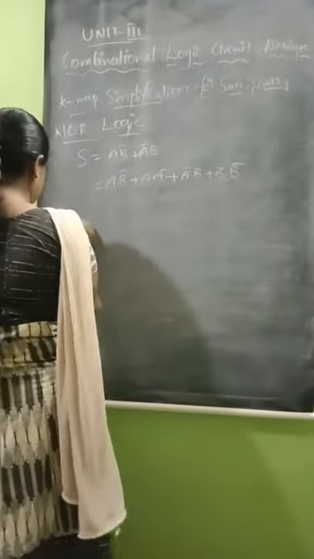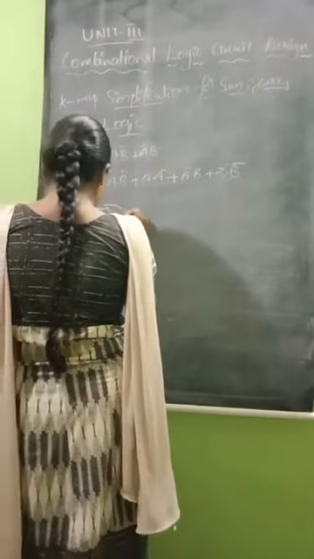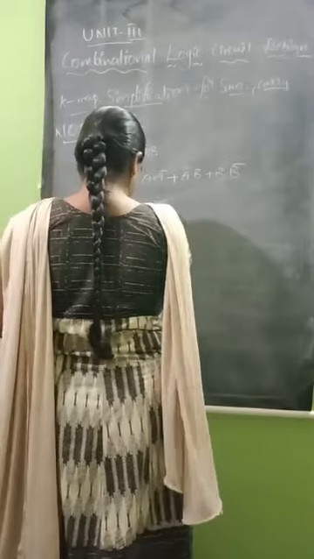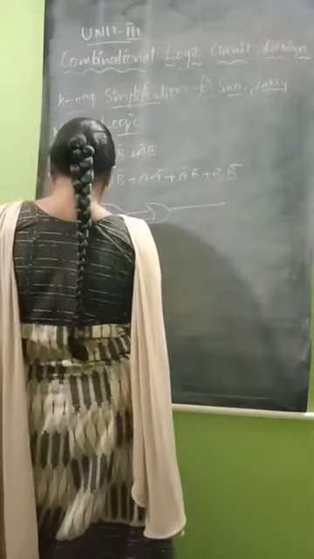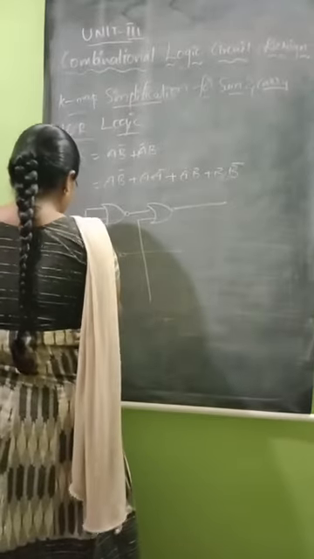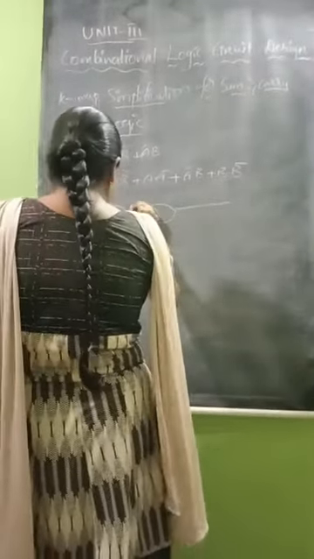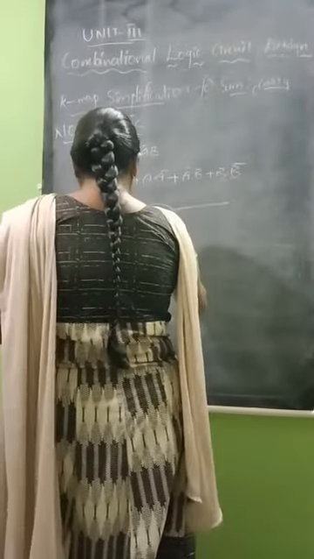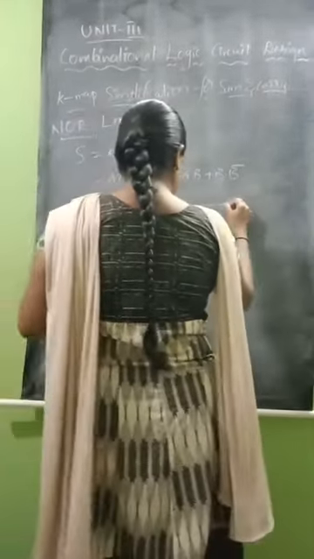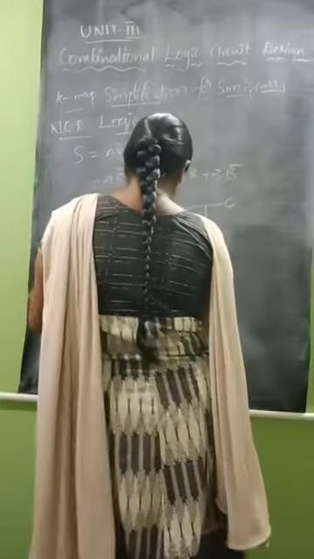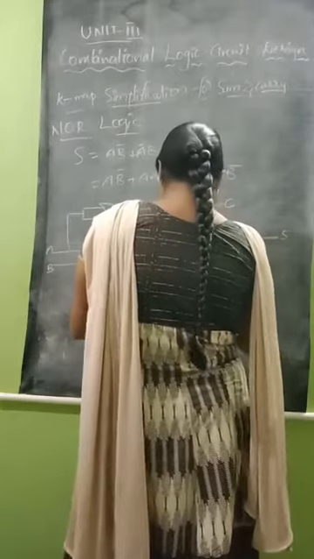So the logic design is here A, B and A bar, B bar, and here A bar plus B bar whole bar, and this is the carry, and this is the sum, A plus B whole bar.